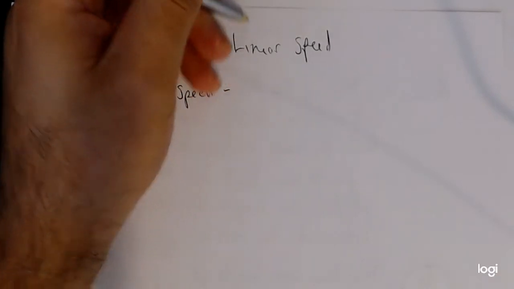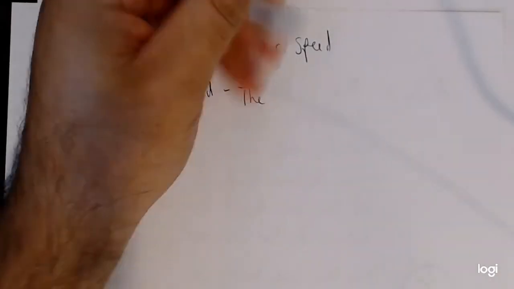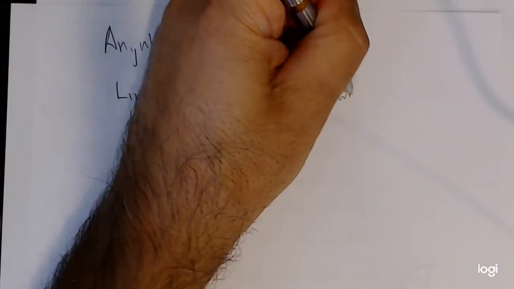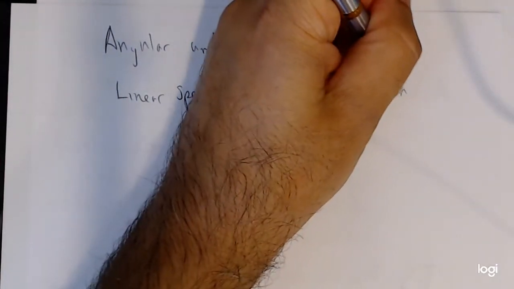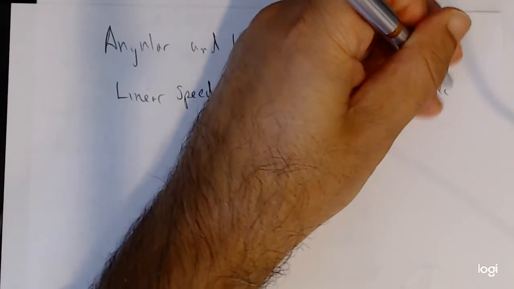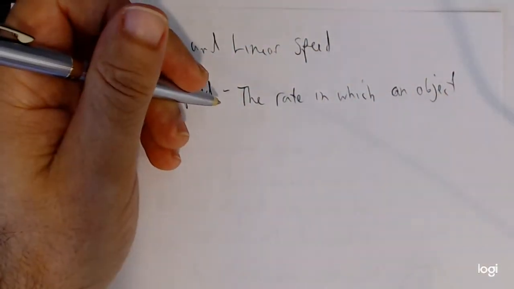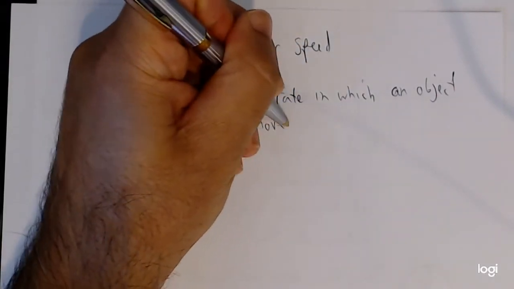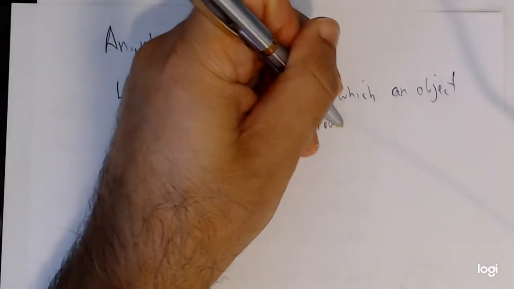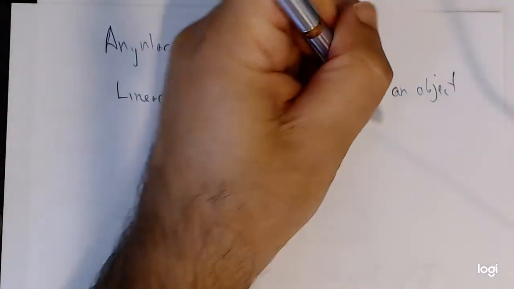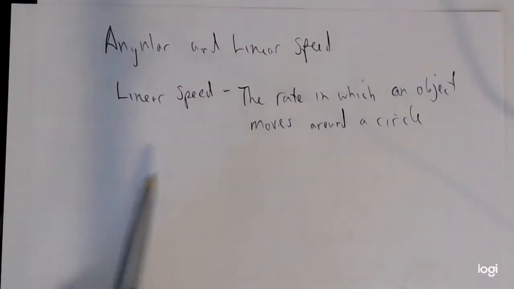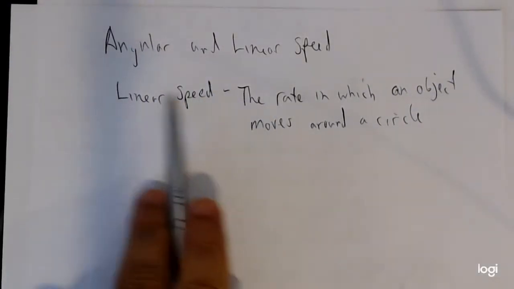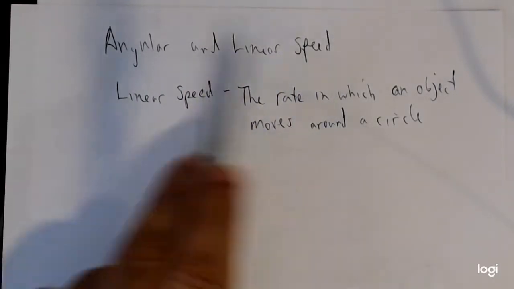Linear speed is defined as the rate at which an object moves around a circle. Anytime you see angular and linear speed, think about an object moving around a circle.